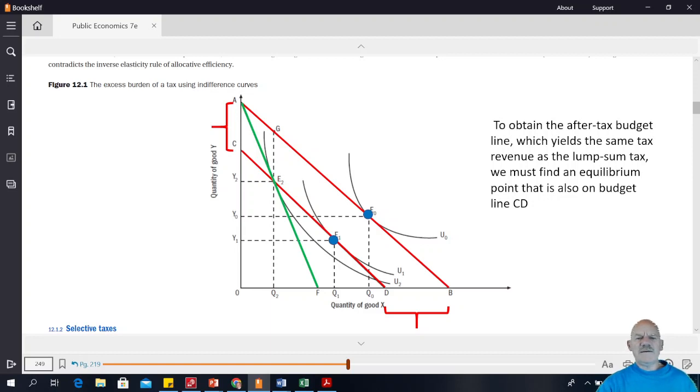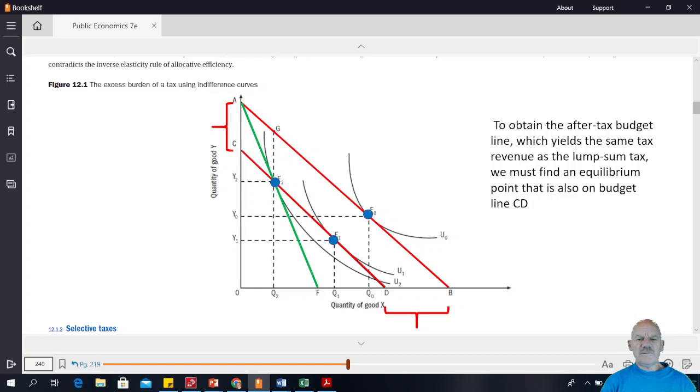So E2 is naturally the new equilibrium point of the selective tax, because it's also on the original lump sum new budget line. So we can compare the incomes, and that's why E2 is now the new optimal point.